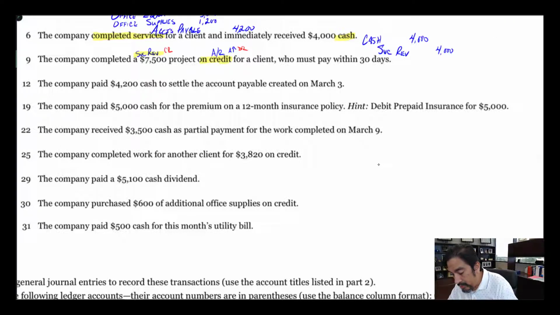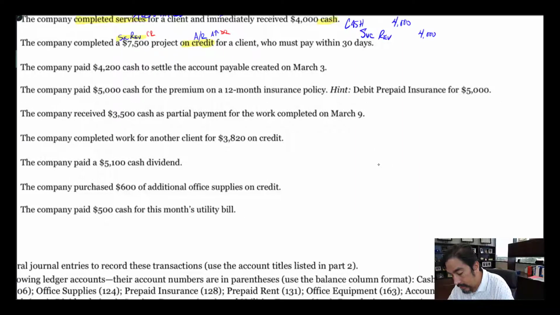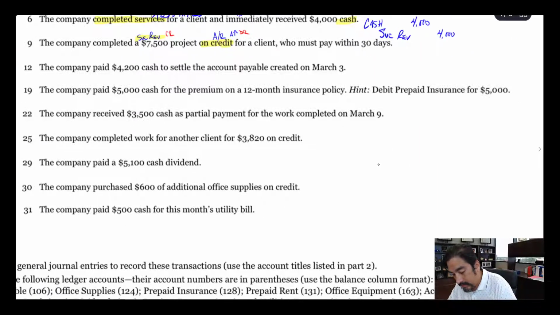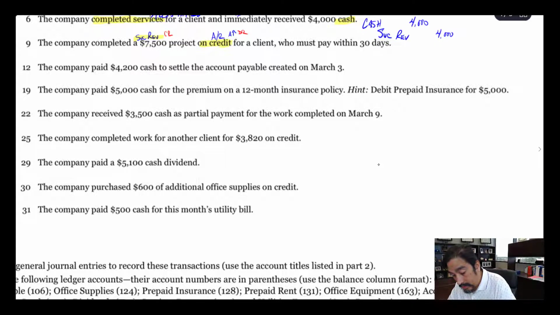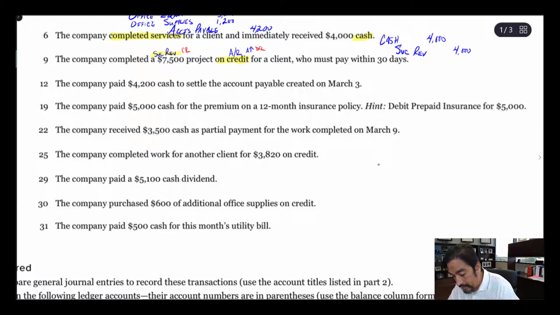So the journal entry, I'll squeeze it out over here. Accounts receivable, $7,500, and service revenue, $7,500.